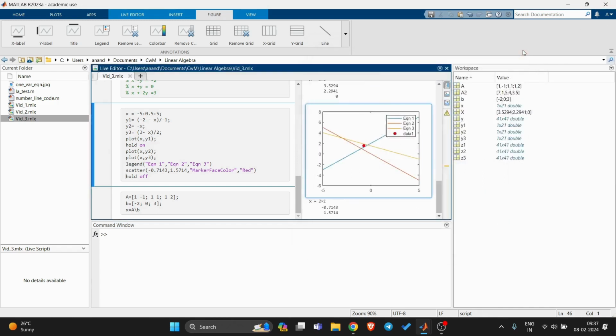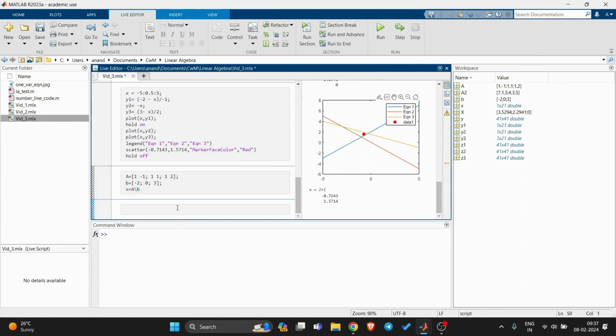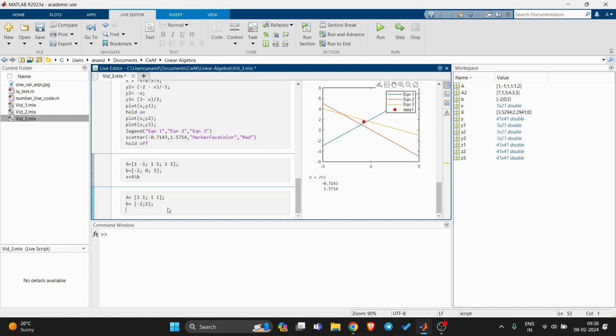So for example, if I have the system A is equal to 1 1 semicolon 1 1 and B equal to minus 2 semicolon 2, let's plot this. The original equations were x plus y is equal to minus 2 and x plus y is equal to 2.